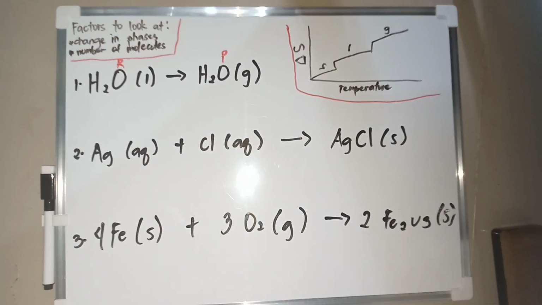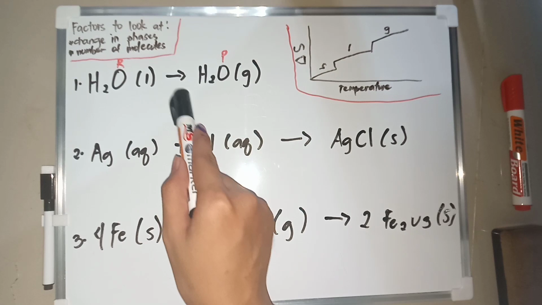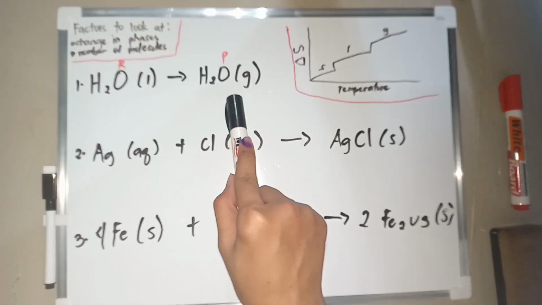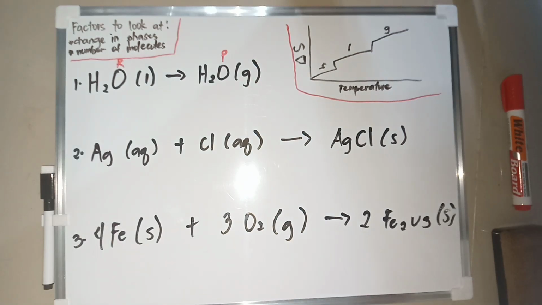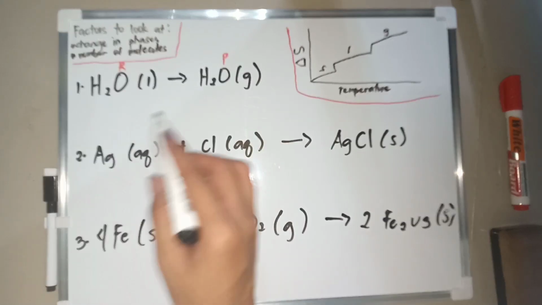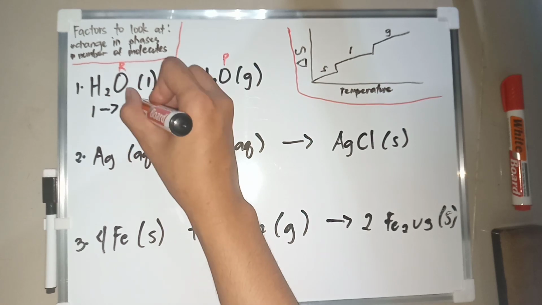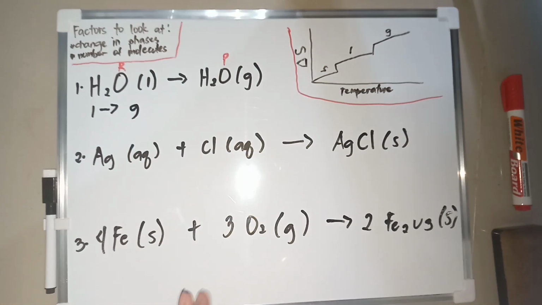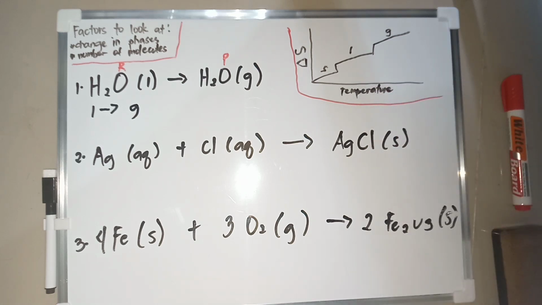To identify which one is the product and which one is the reactant, we have to look at the arrow. The one it's pointing to is our product, and the one it's not pointing to is our reactant. In the change in phases, we have liquid to gas, which means an increase in entropy.